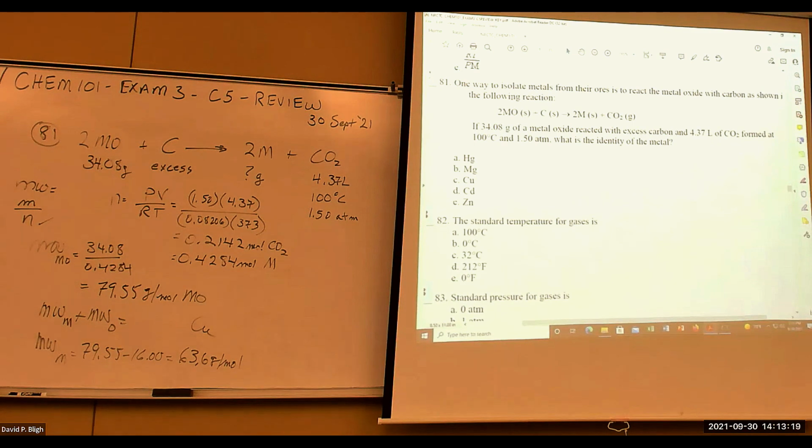All right, let's see if there are any others that we skipped that I'll go back to. That covers most of our bases, I believe. We didn't do any of these short answer problems on page 28.